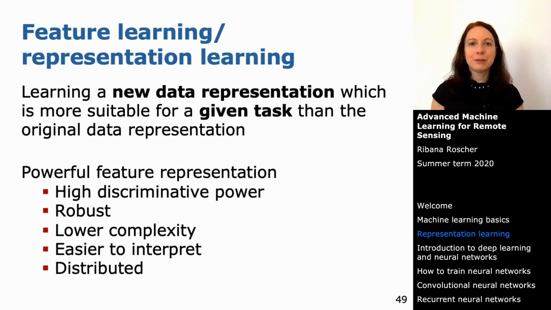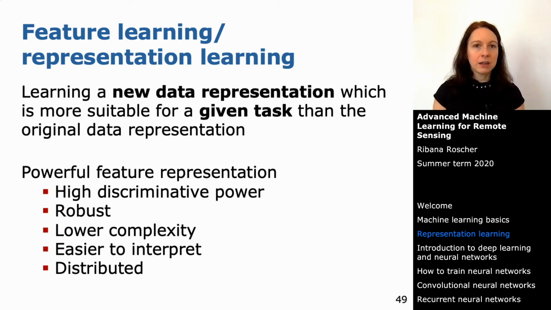So let's come back to the feature learning, representation learning, and the characteristics we were looking at in the beginning of the lecture. And I want to repeat, what does it mean to learn a new data representation? You want to learn it in a specific way so that the new data representation is more suitable for a given task than the original data representation.